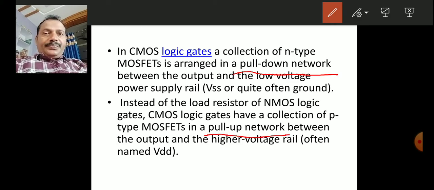Instead of using resistor pull-ups, we use active pull-ups, that is PMOSFETs, connected to the higher voltage, VDD.